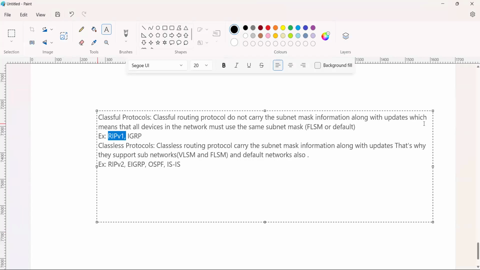This is RIP version 1 and RIP version 2. Now RIP version 2 will work classless also. We need it to carry the subnet mask, that is what we need, so we mostly use these protocols. OSPF likewise nowadays carries the subnet mask and supports FLSM, VLSM.